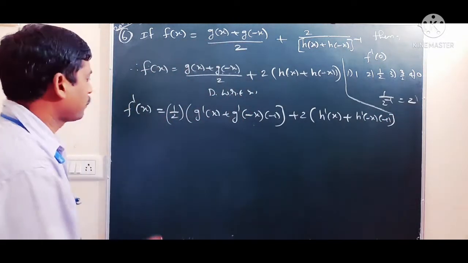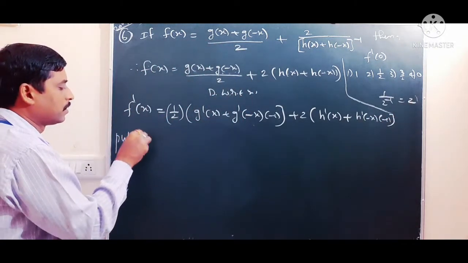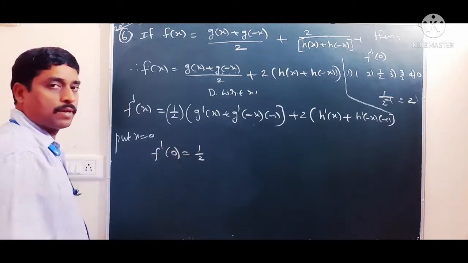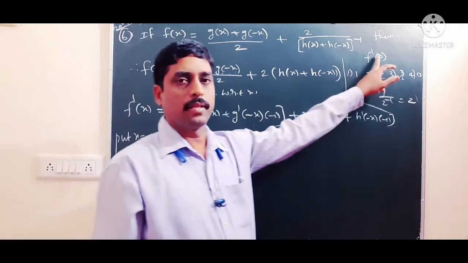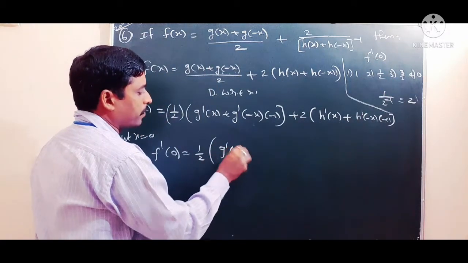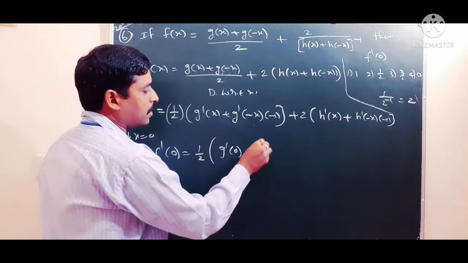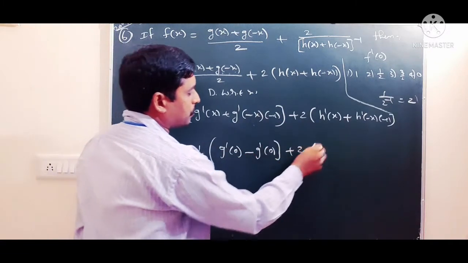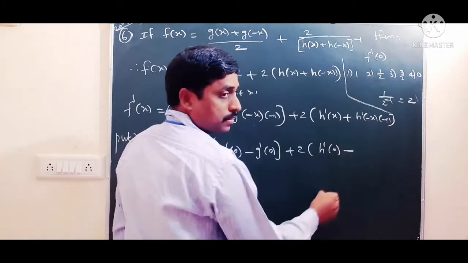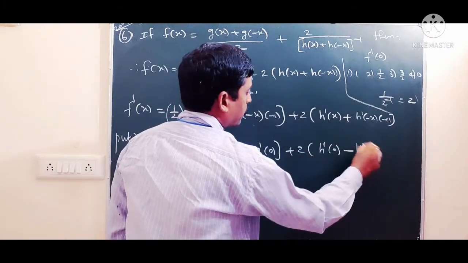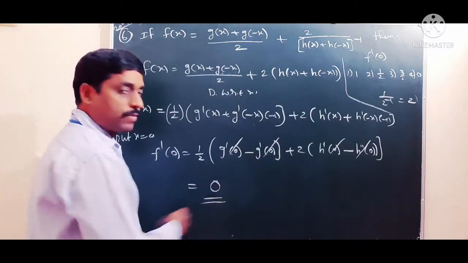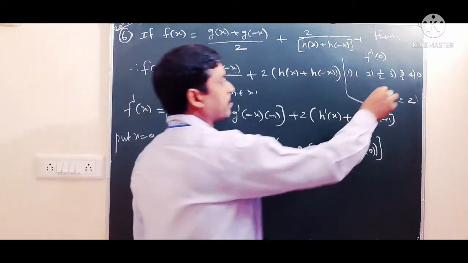Now put x equal to 0. So f dash 0, our target, equals 1 by 2 times (g dash 0 plus into minus, minus g dash 0) plus 2 times (h dash 0 plus into minus, minus h dash 0). All values cancel, so the answer will be 0. So option 4 is correct.